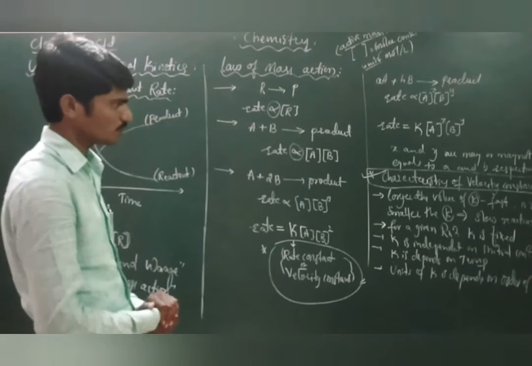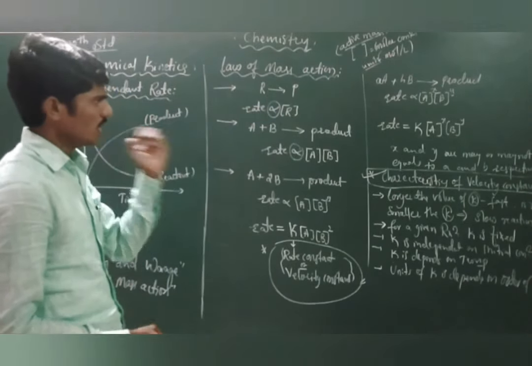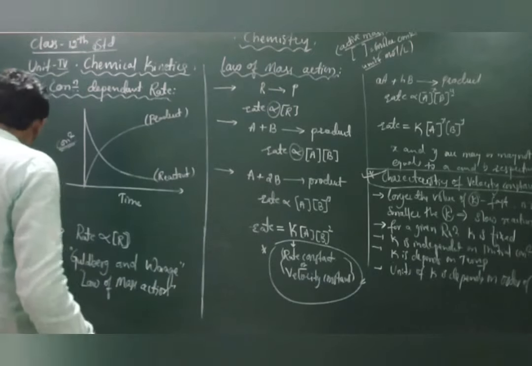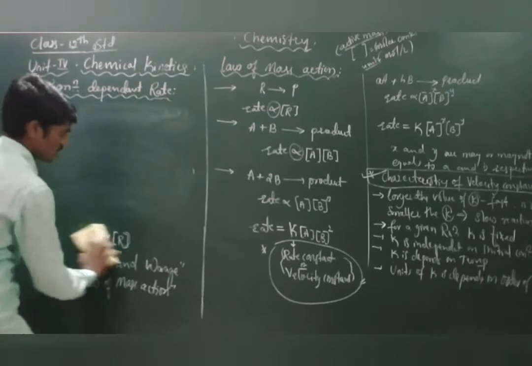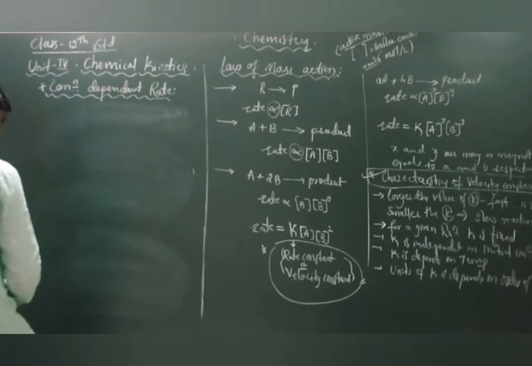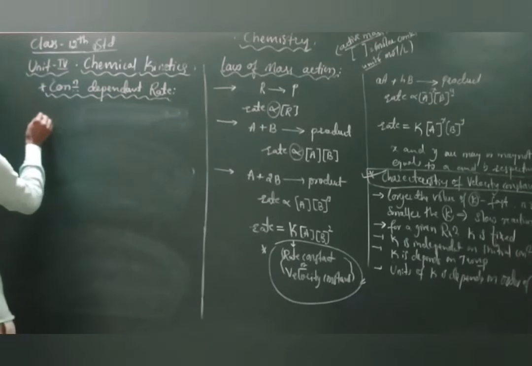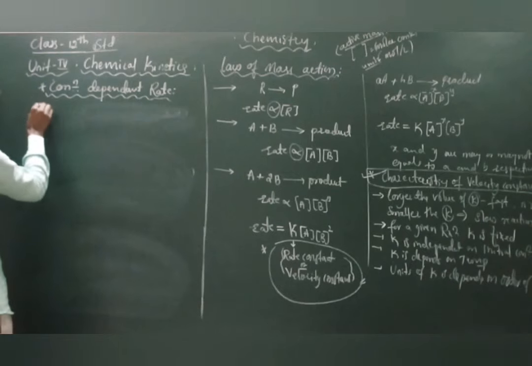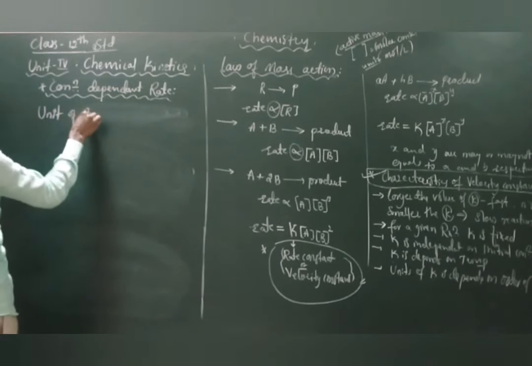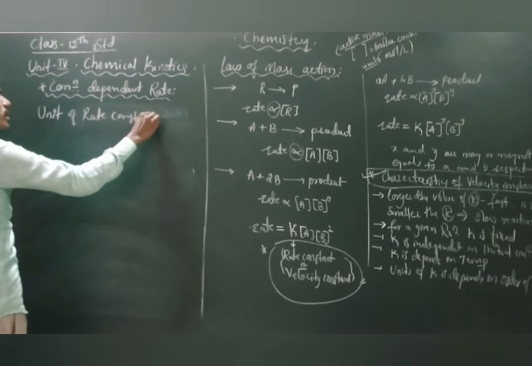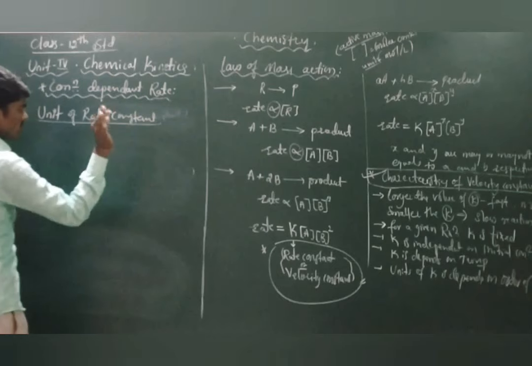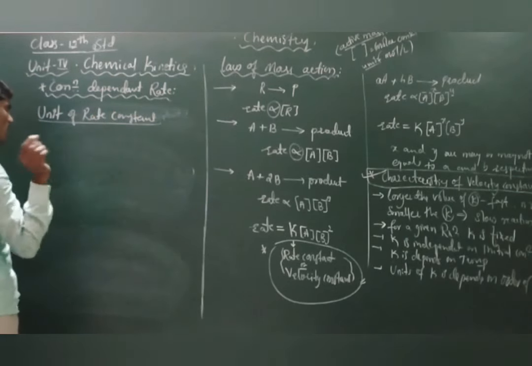Now let us check the unit of rate constant. What is the unit of rate constant and how to remember? Now let us consider one general reaction, देखिए, for nth order, any order.